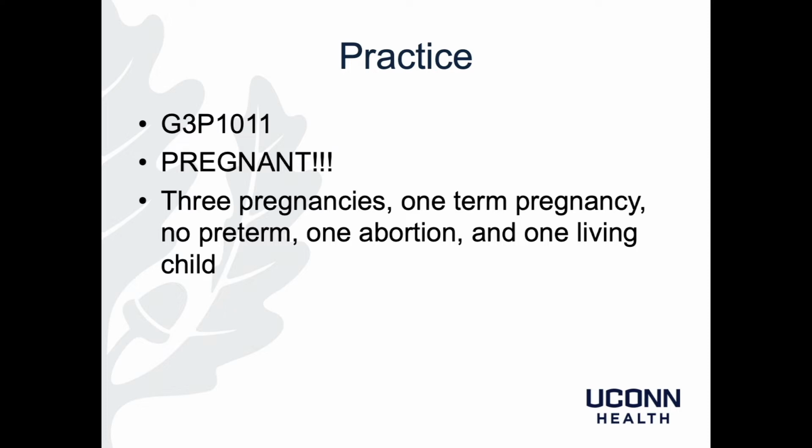She has 1 term pregnancy, no preterm pregnancies, 1 abortion, and that could be a termination, an ectopic, a miscarriage. And she has 1 living child. So if you add that up, really she has 2 prior pregnancies: 1 term pregnancy with a living child, 1 abortion. And since she's a G3, that means right now she has to be pregnant. Okay? Hopefully that makes sense.